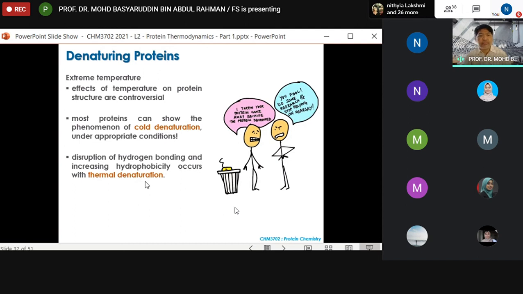So it's a very simple application that we need to know. Of course, people say we sterilize, we want to kill bacteria, but the understanding is that you denature the proteins. Cold denaturation is slightly different. The protein becomes conserved, then basically it just has no function.